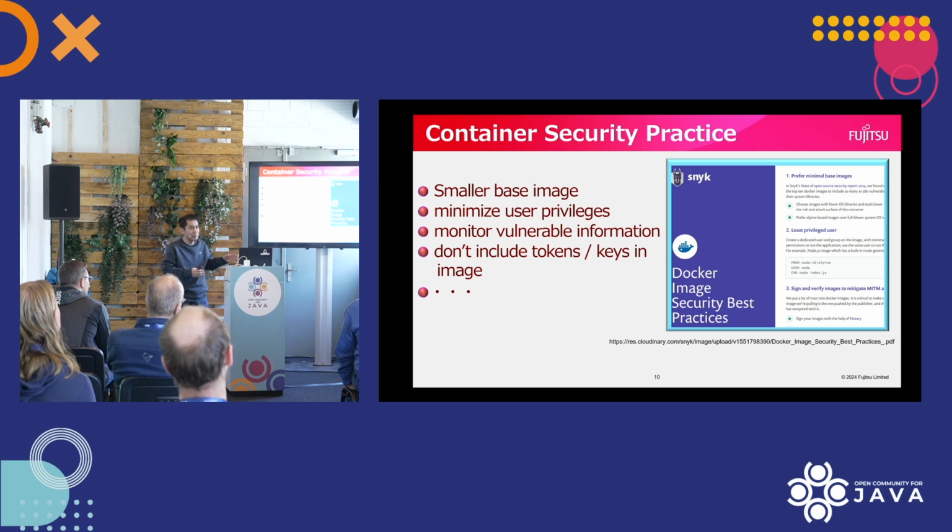Here is one example, but the others also have the same contents. It recommends using a smaller base image, minimizing user privilege, not including keys or passwords in your image, and so on. But the question here is, why is a smaller size image good for security?